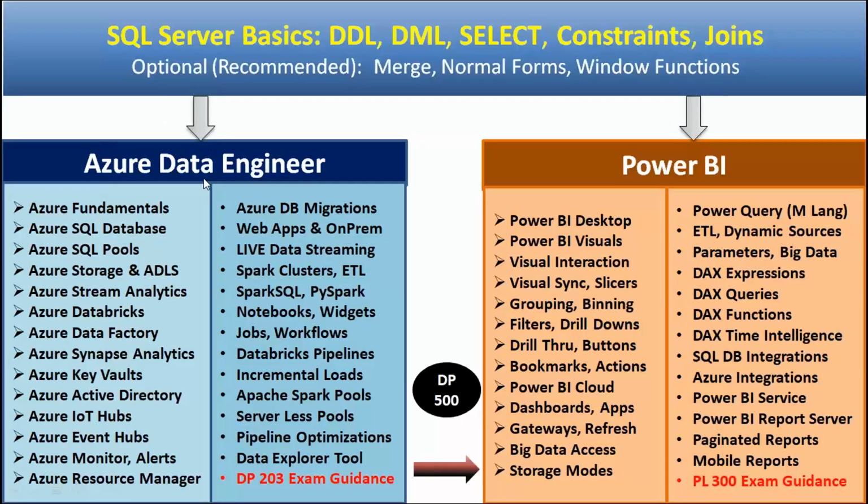So here it is, the complete data engineering components, left side, and their applicative examples in our classes, right side, towards DP203 guidance. Our 7 weeks data engineering course is this particular item.